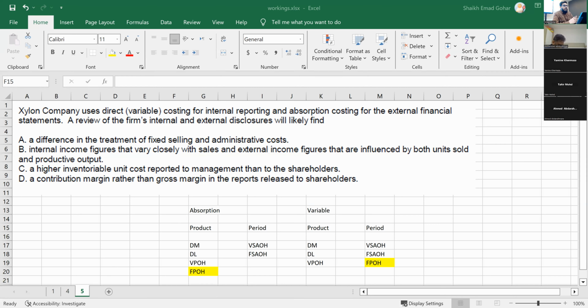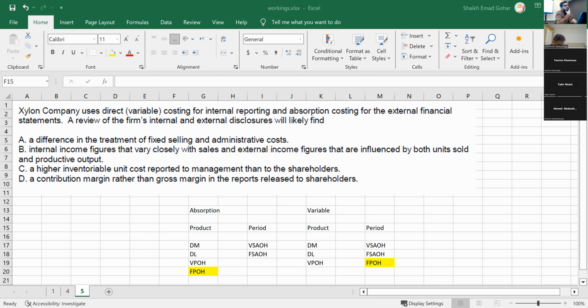So when I'm reporting to management, which method am I using? Variable costing. You know very well that in variable costing the unit cost is less because we don't take the fixed part. So this option C is also incorrect. Right or not?